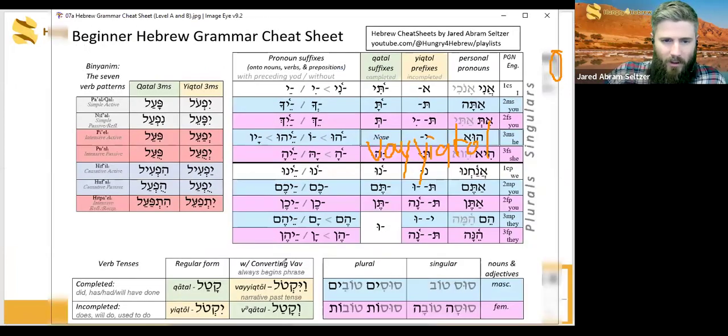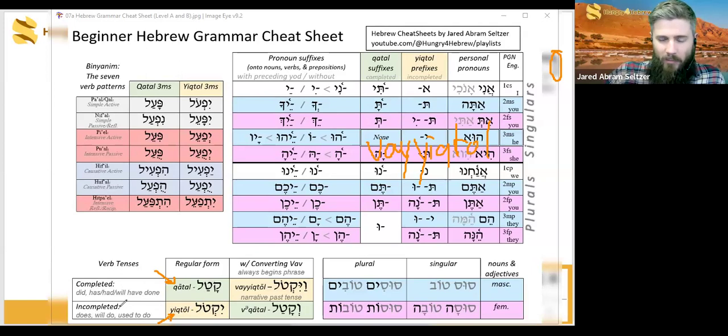There are a limited number of verbal tenses, especially for beginners. We have katal and we have yiktol. Katal is a completed action: either he did something, or he has had or will have done something.